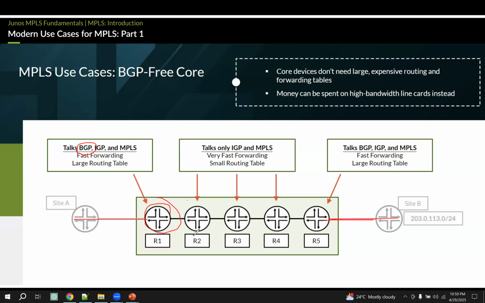But inside this, routers 2, 3, and 4, you don't need BGP. So this is called the BGP free core. BGP free core means you don't have a routing table here. They just blindly forward packets using the label.